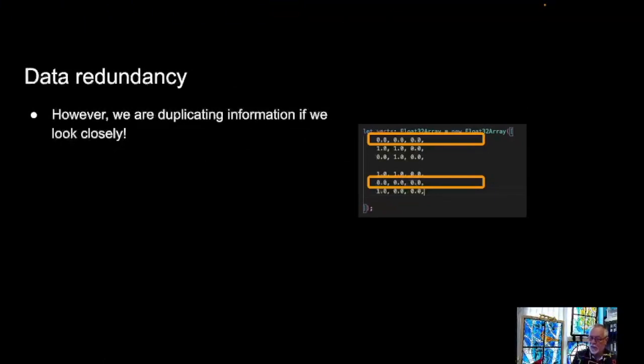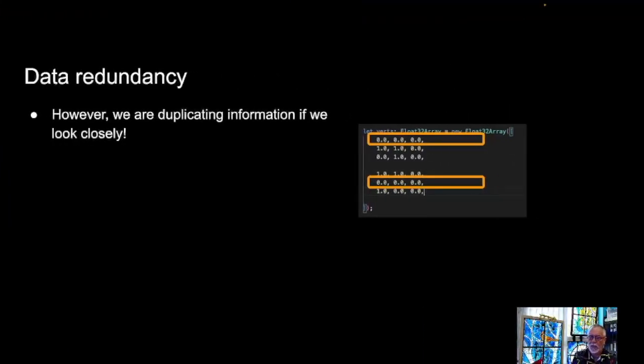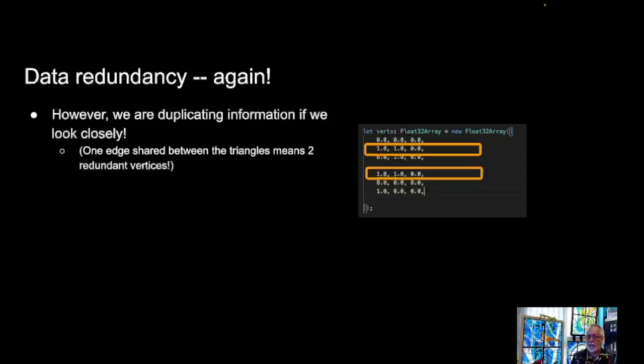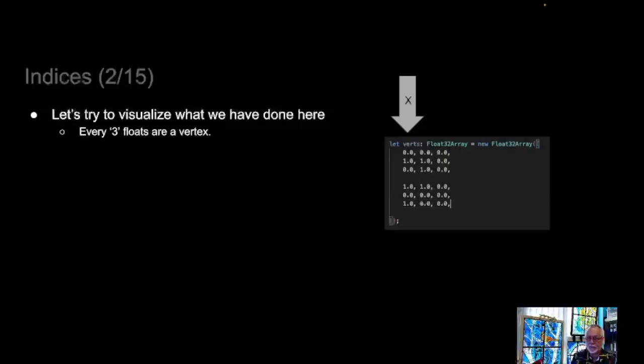Now, in this particular thing here, we had 6 vertices to display a square. So ideally, how do we do it with just 4? This one's repeated, and this one's repeated. So what we would ideally like to do is think of this as 3 floats per vertex.